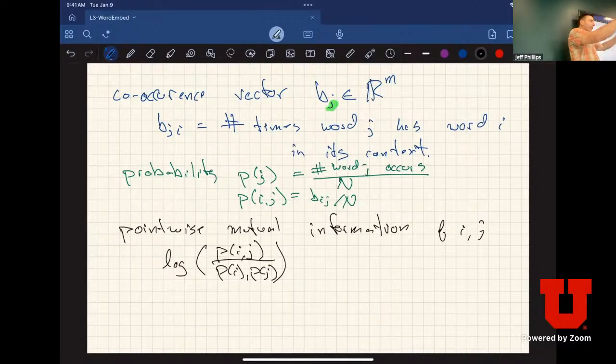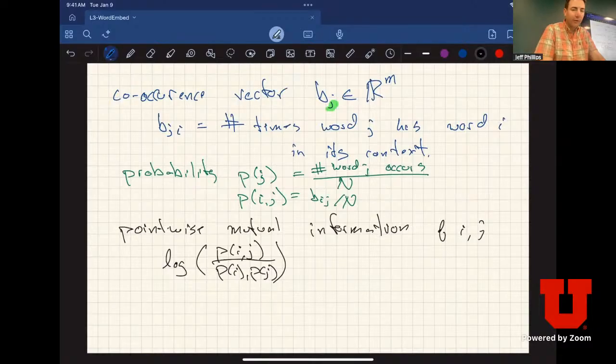So if I pick two words and ask what's the probability I picked this one and this one independently, versus the probability I saw them together. If they have a high pointwise mutual information, I see them together much more than I would expect if it was completely random. That's what this is saying.